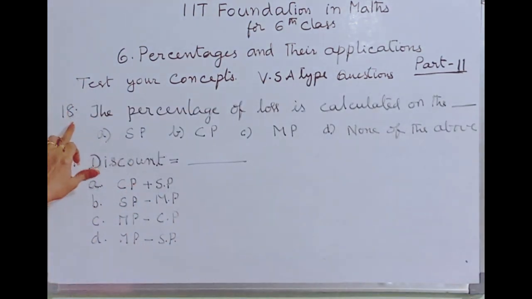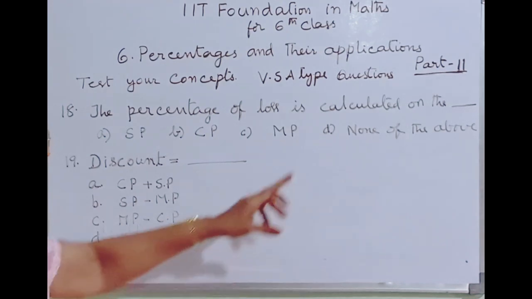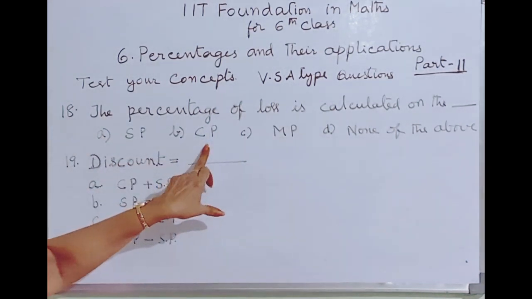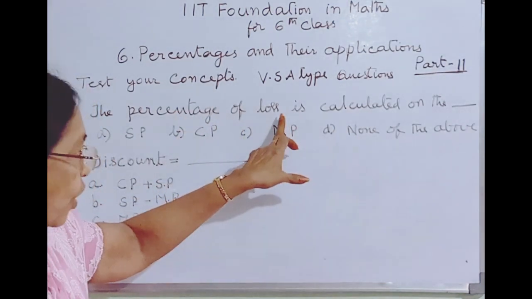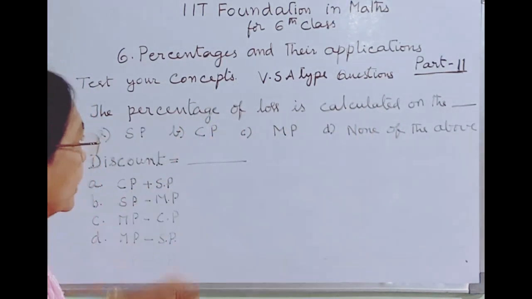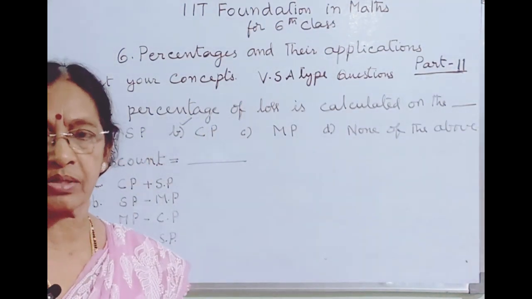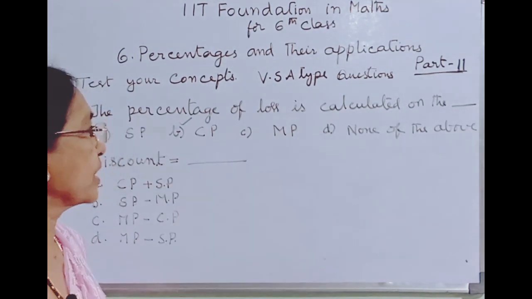So next, 18th. The percentage of loss is calculated on dash. Selling price, cost price, market price, none of the above. The percentage of loss is calculated on the cost price. The percentage of loss and percentage of gain are both calculated on the cost price.